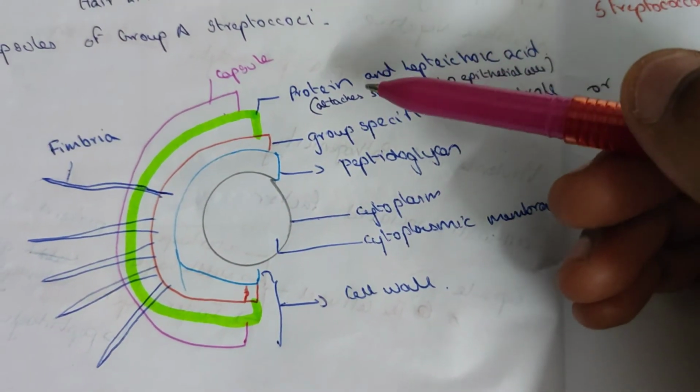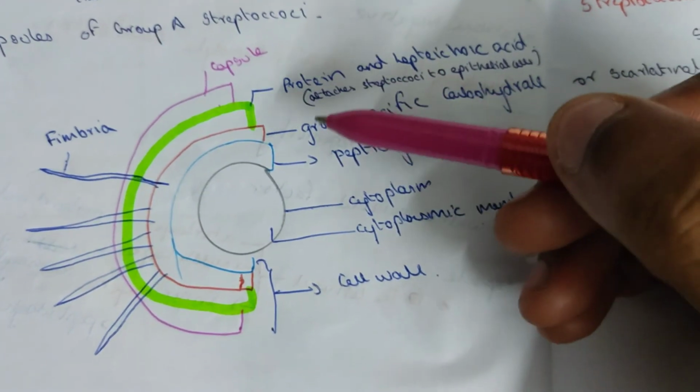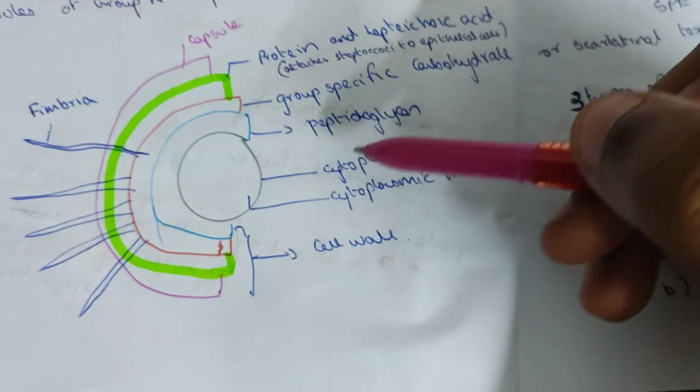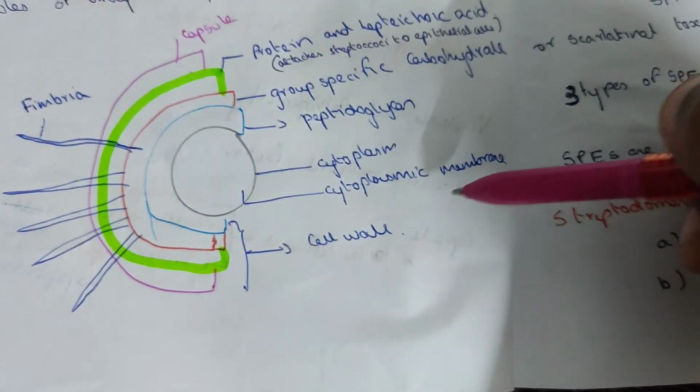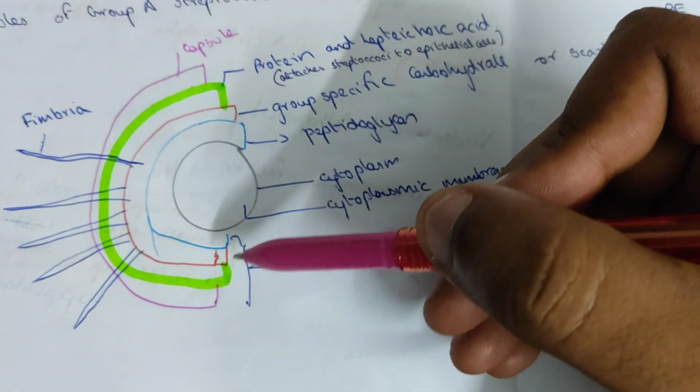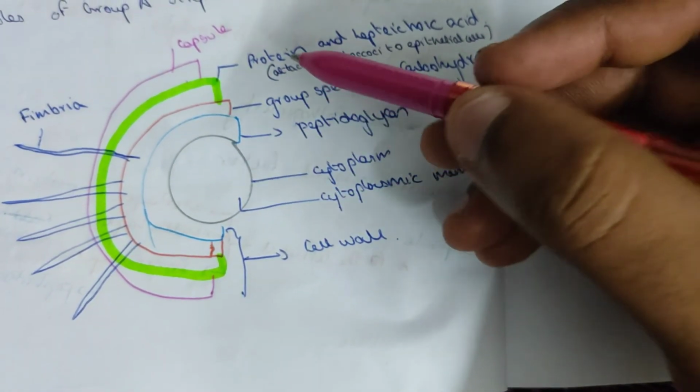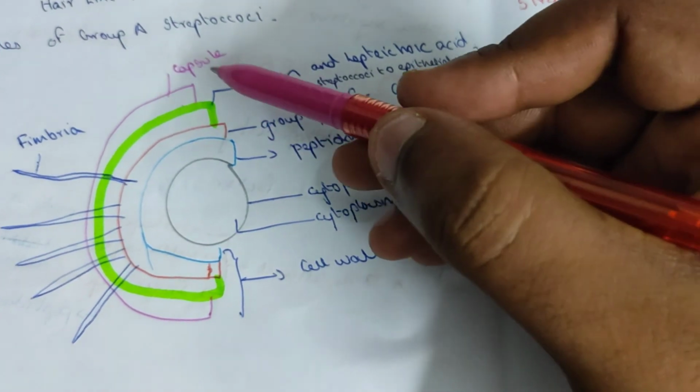This is the Streptococcus pyogenes antigenic structure. In the center it has a cytoplasm. Inside it has a cell membrane, and these are known as the cell wall.